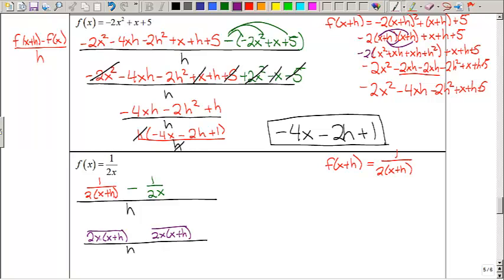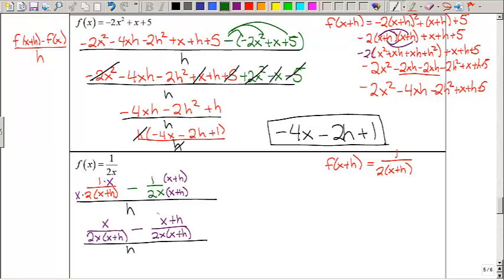In the first denominator, it looks like I'm missing an x, so I'm going to multiply an x to the denominator and into the numerator. In the second denominator, it looks like I'm missing an x plus h, so I'm going to multiply the x plus h to the numerator and the denominator, which leaves me with x plus h.